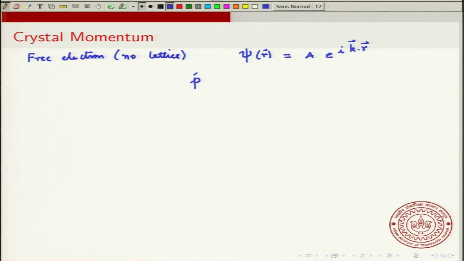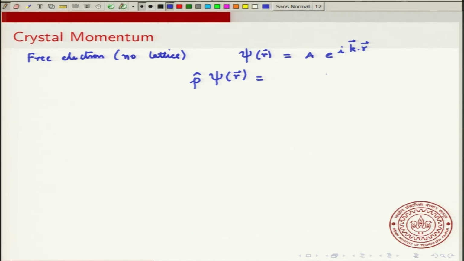to calculate the momentum you operate on it by the momentum operator. The momentum operator is minus i h cross times gradient. Now, the gradient of this whole thing will just give the same function multiplied by i k.